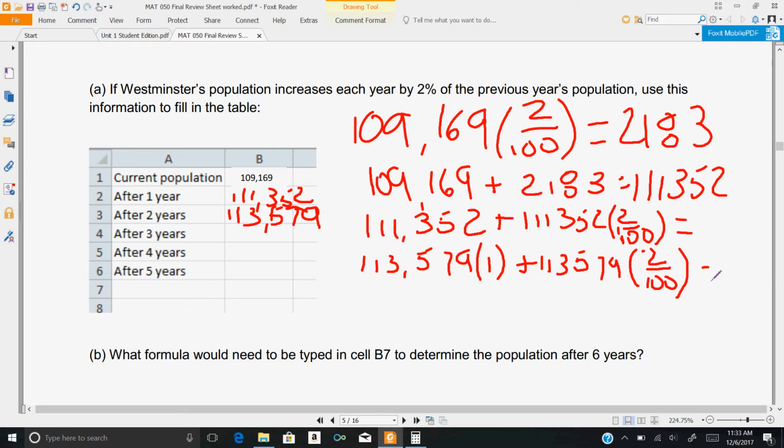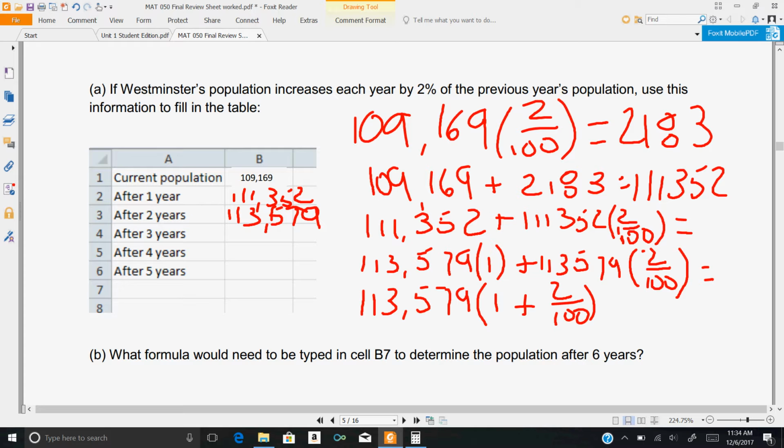Before I see what that equals, I'm going to factor that 113,579 out. I'm going to say that's times 1 plus 2 over 100, which is the same as 1.02.